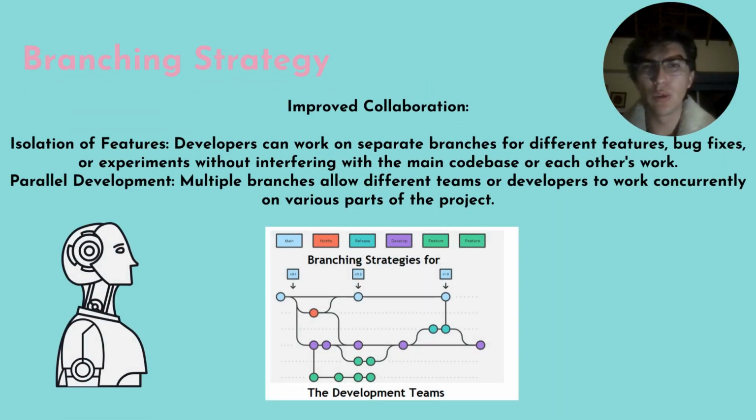Okay, so another strategy would be the branching strategy, where different developers each code in their own branch. This can benefit isolation of features, and they can fix their bugs, do experiments and integration without affecting the main branch.